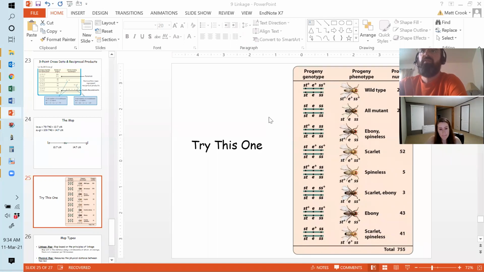So we've got to find essentially one which is plus and then SS, E. And the reciprocal of that would be ST++.